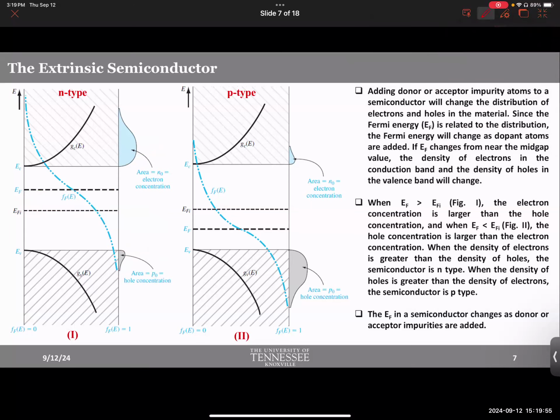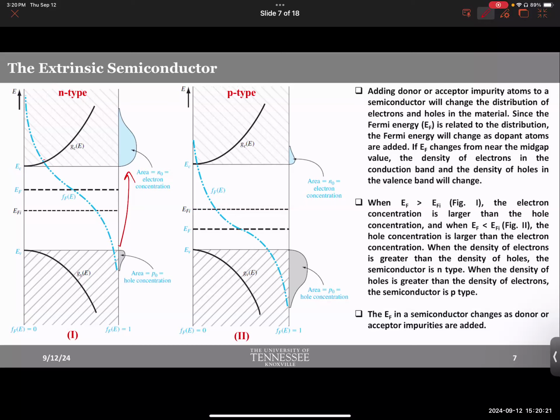Do you remember how we got N0? We basically integrated the density of states function in the conduction band with the Fermi function with respect to energy, right? And we performed the integration from EC all the way up to infinity. There is some maths and whatnot. It doesn't matter. The point is you have now shifted the function.